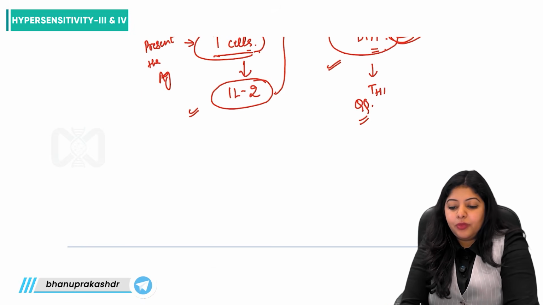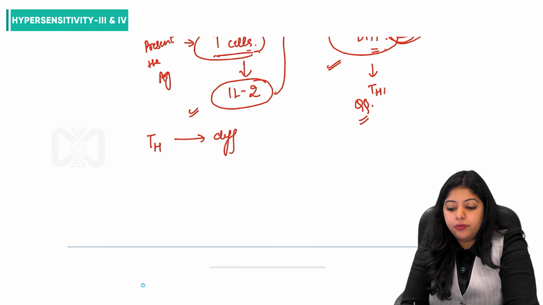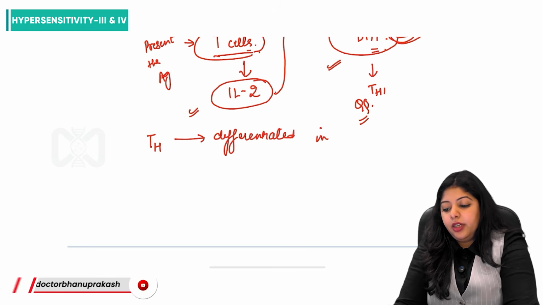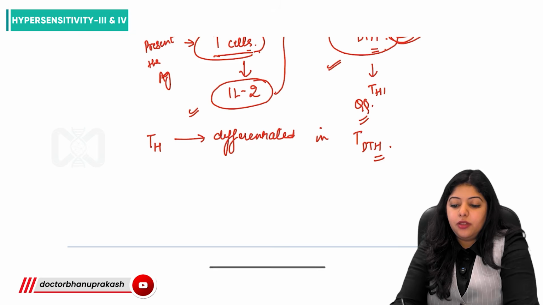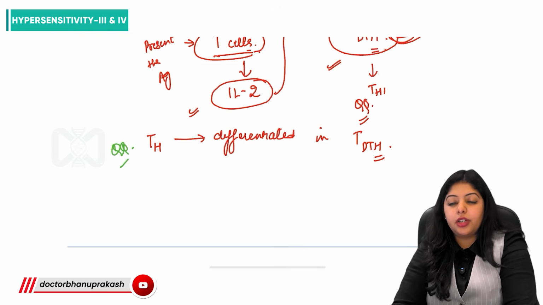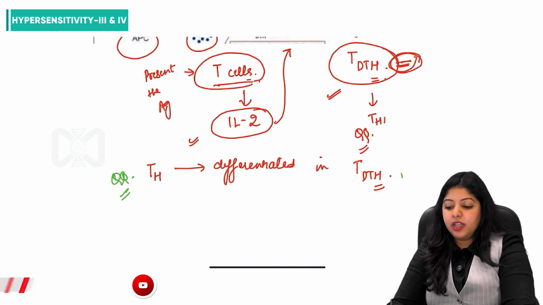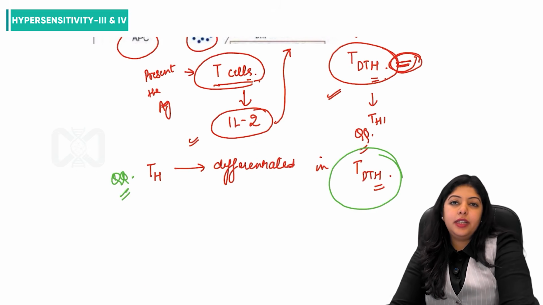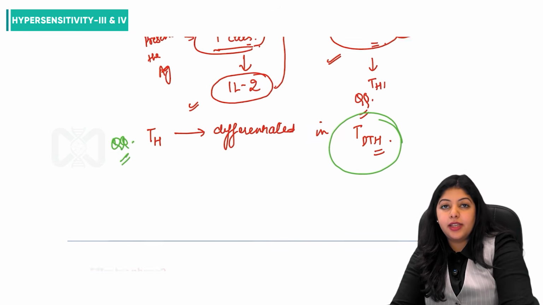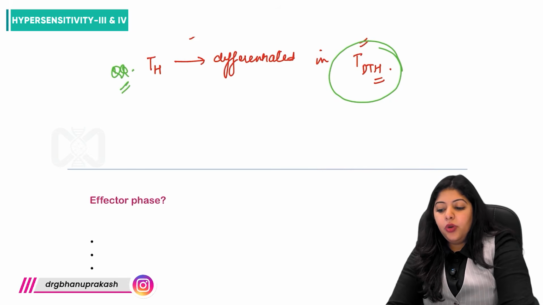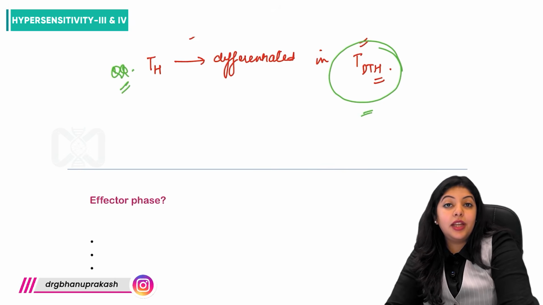So these T helper cells are getting differentiated into delayed type hypersensitivity cells. This is one major event which is occurring, right? So now these cells have gotten sensitized to that particular antigen, right?